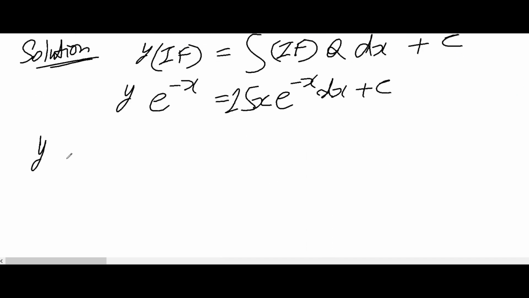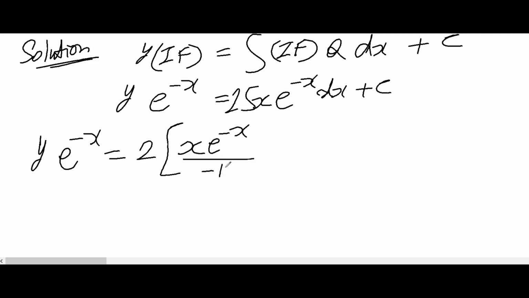So next will be y e to the power of minus x is equal to 2, which is a constant. Here I will apply the u into v formula, or integration by parts. So that says x into integration of e to the power of minus x, which is nothing but e to the power of minus x. The coefficient of x is minus 1, so I will divide by minus 1.